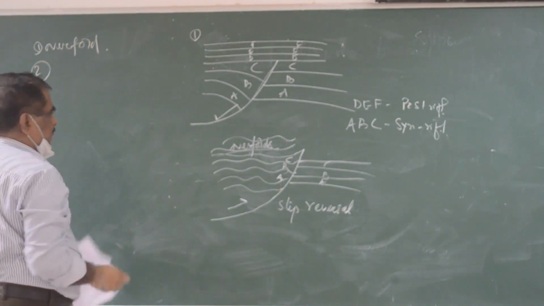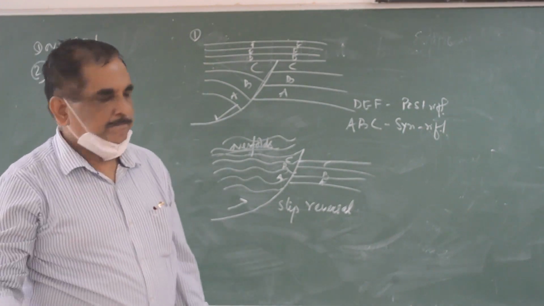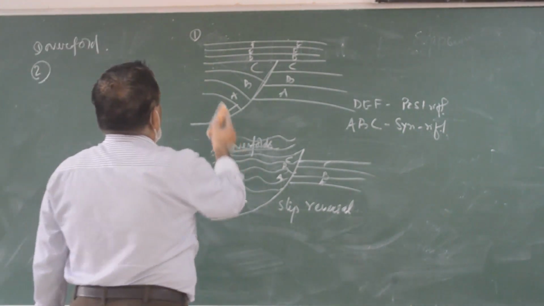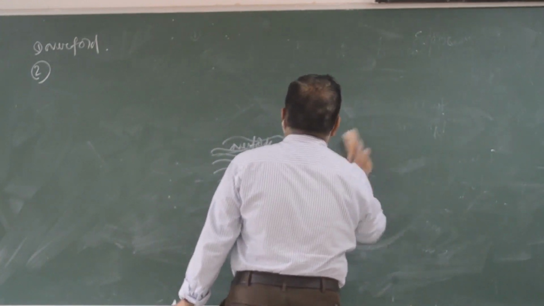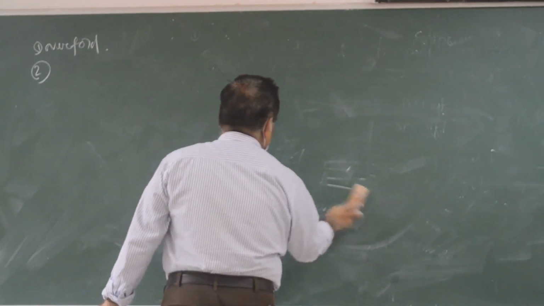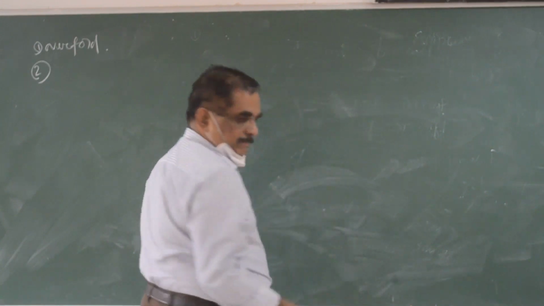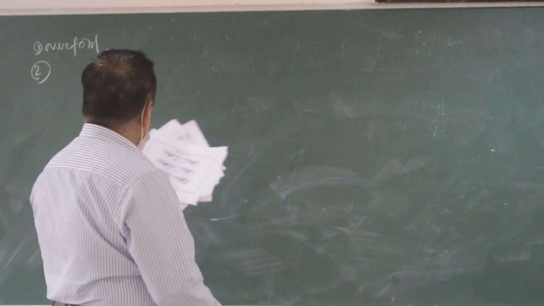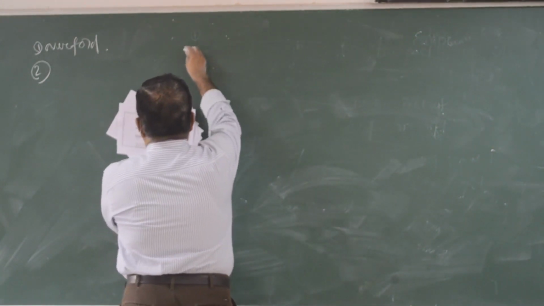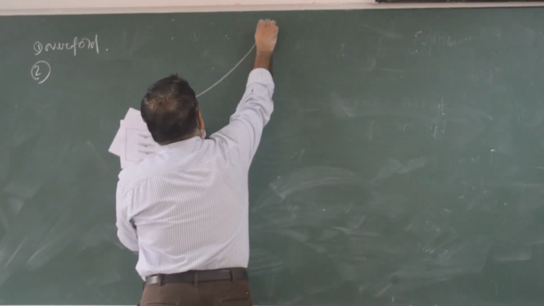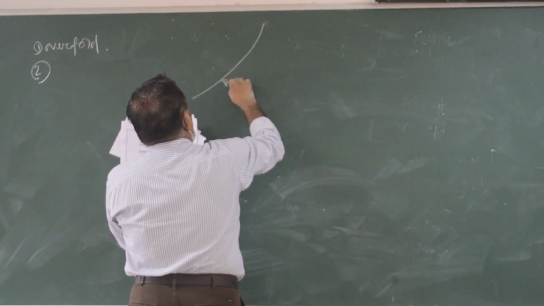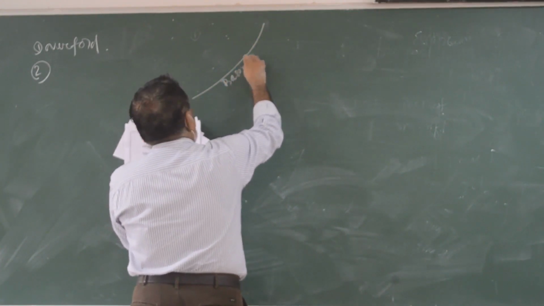Second feature, let us see. I will move this part. I will draw another set of diagram. Suppose this was the basin margin fault.